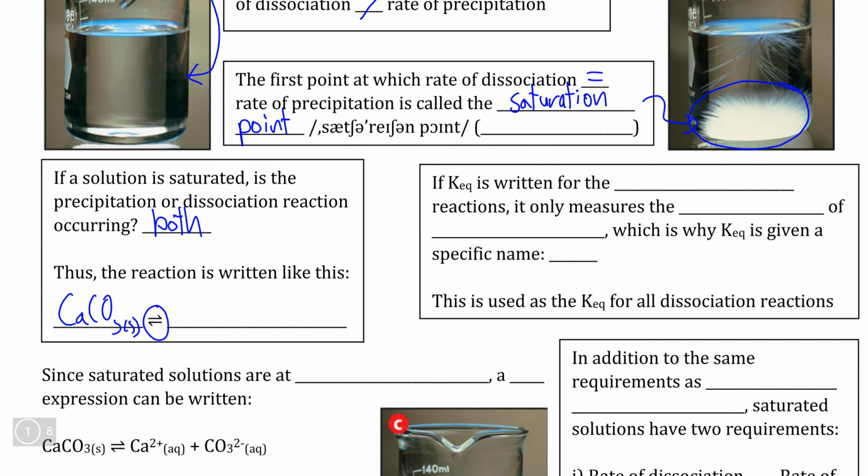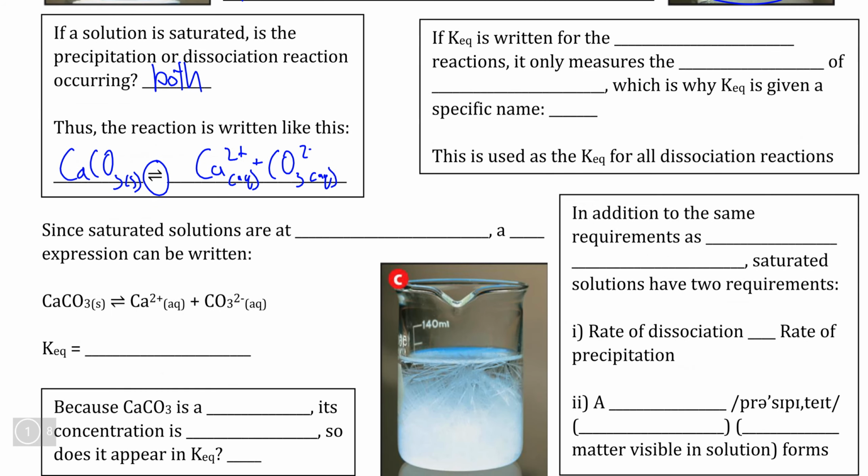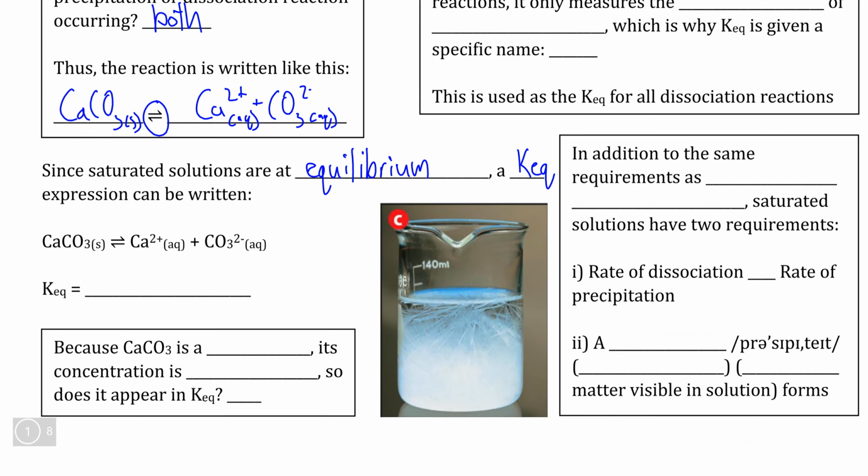We have to say that both of them are happening. And if the rate of dissociation and rate of precipitation are equal, we can write an equilibrium expression where we have our solute on one side, solid calcium carbonate, and our dissolved ions, Ca2+ and CO3 2-, on the other side, like so.